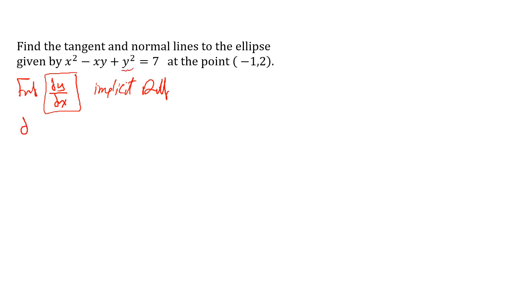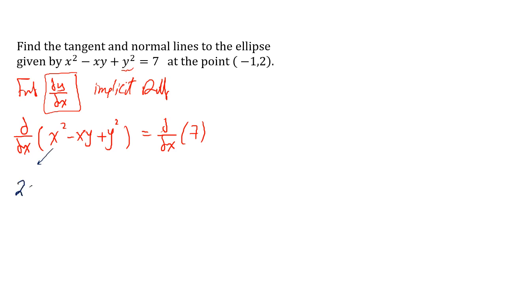So d by dx of the left hand side, which is x squared minus xy plus y squared, is equal to the derivative with respect to x of 7. Let's find the derivative step by step. Derivative of x squared is 2x, but notice now that xy is a product rule, u and v.